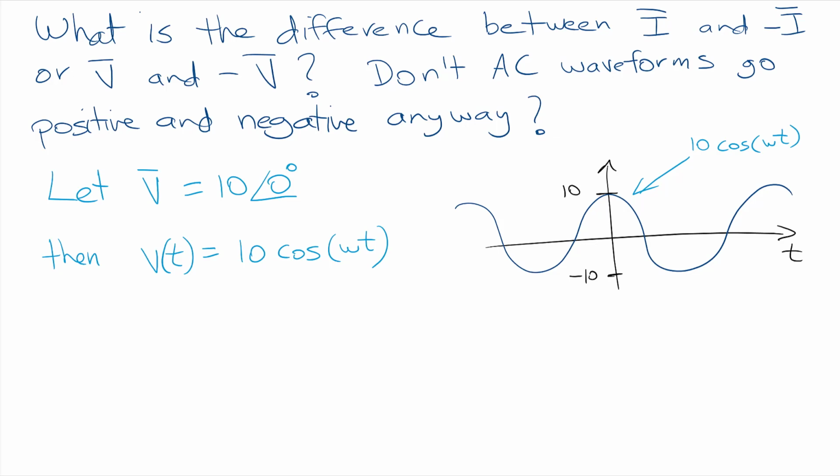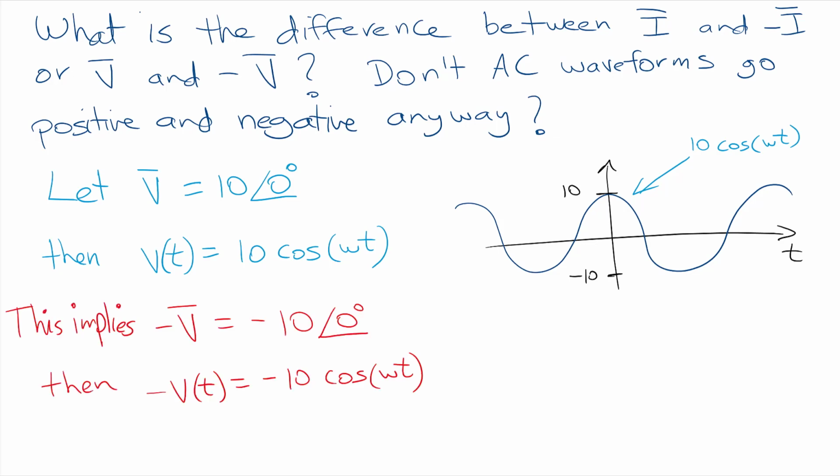Then what about a negative voltage phasor of the same? Minus V is just going to be minus 10 with a phase angle of 0 degrees. And in the time domain, minus V of t is just minus 10 cos omega t. So what does that look like as a waveform?